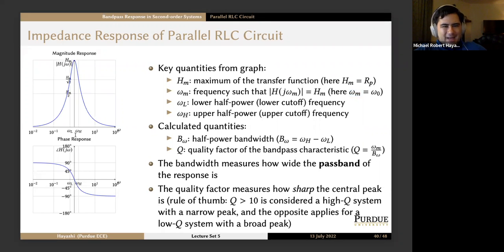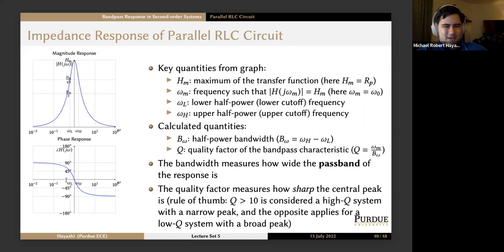We'll call omega_L the half power frequency, especially the lower one, and omega_H the upper half power frequency. They are where the graph takes on the value of H_m over square root of 2, or where the phase response is equal to 45 degrees or negative 45 degrees.